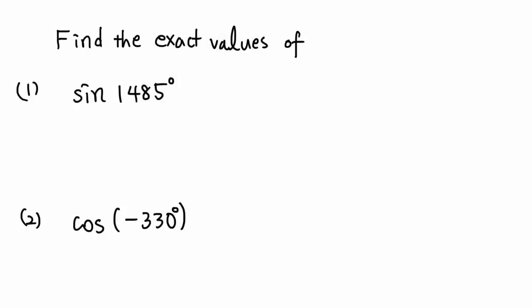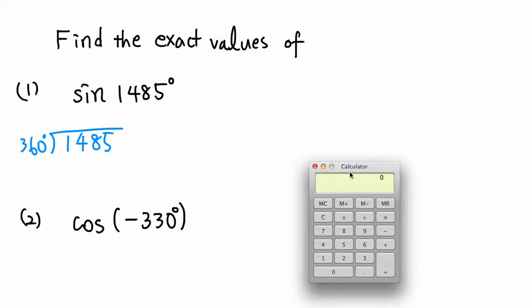Okay, let's take a look at a couple of examples. Find the exact values of sine 1485 degrees and cosine of negative 330 degrees. So 1485 degrees. If you divide this by 360 degrees, let's bring up a calculator.